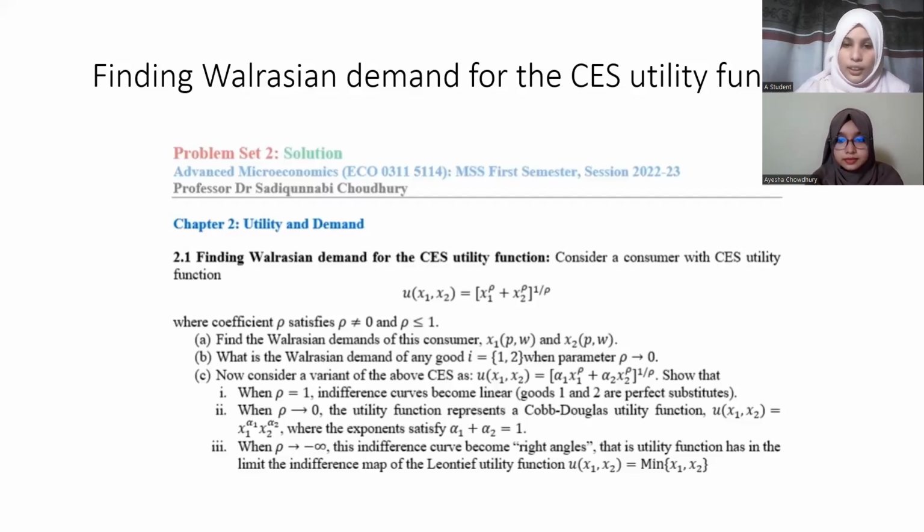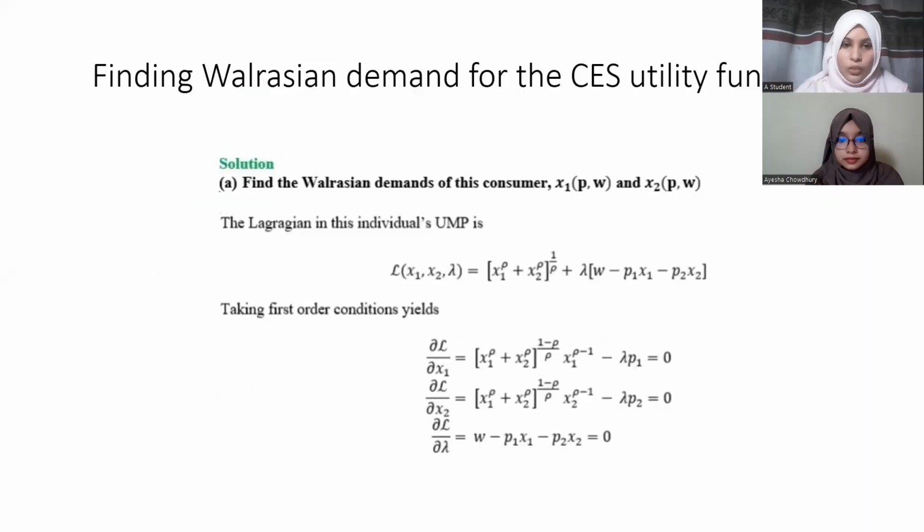Okay, Aisha, let's go to the solution. We need to find the Walrasian demands of this consumer, x1 and x2. First, we have to set up the Lagrangian of this utility maximization problem, which we can see on the screen: L(x1, x2, lambda) equals (x1^rho + x2^rho)^(1/rho) + lambda(w - p1 x1 - p2 x2).